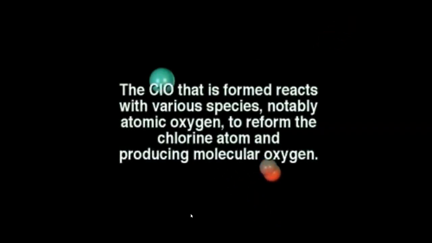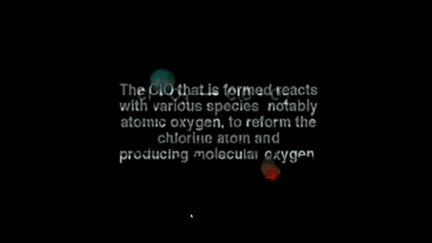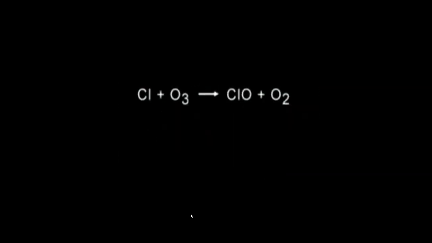The chlorine atoms act as a catalyst for the decomposition of ozone. Collision with an ozone molecule results in oxygen transfer, forming ClO and molecular oxygen. The ClO that is formed reacts with various species, notably atomic oxygen, to reform the chlorine atom and producing molecular oxygen. The sequence of reactions consists first of reaction of chlorine atoms with ozone, followed by the reaction of ClO with atomic oxygen.